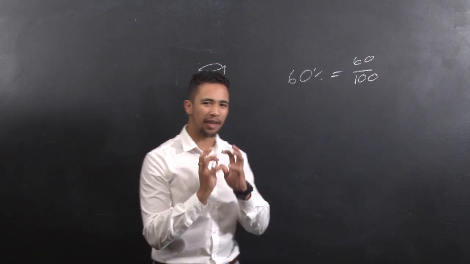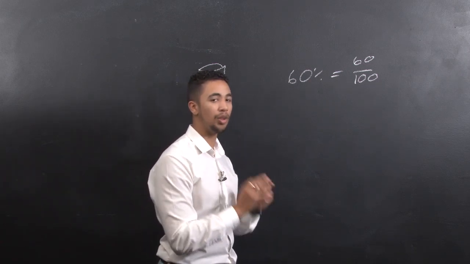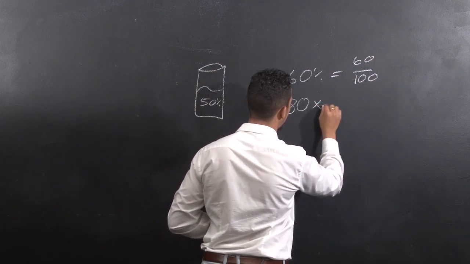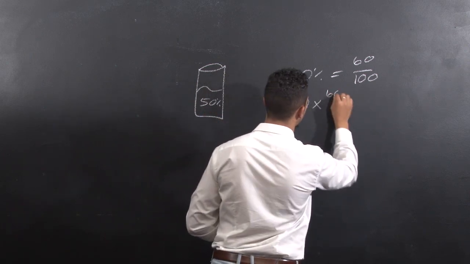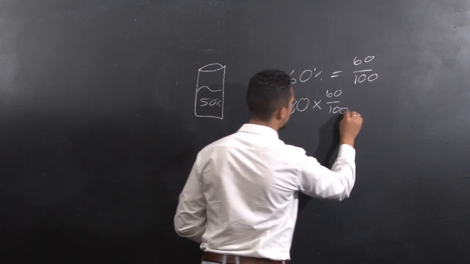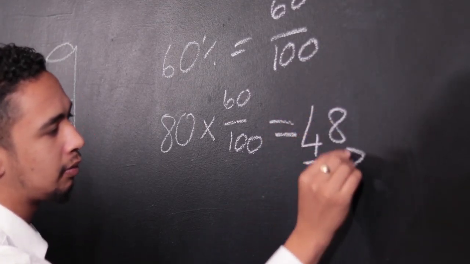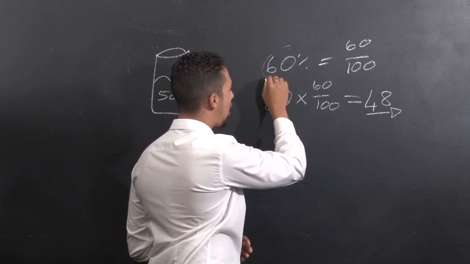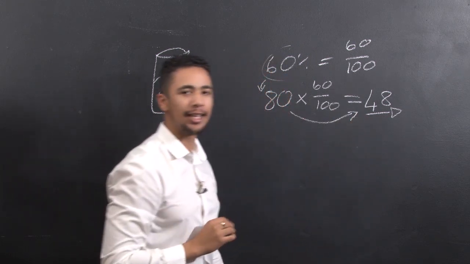So if the something was 80, we multiply the something with the percentage. So 80 times the percentage, which is 60 over 100, gives us 48. So to conclude, 60% of 80 is equal to 48.